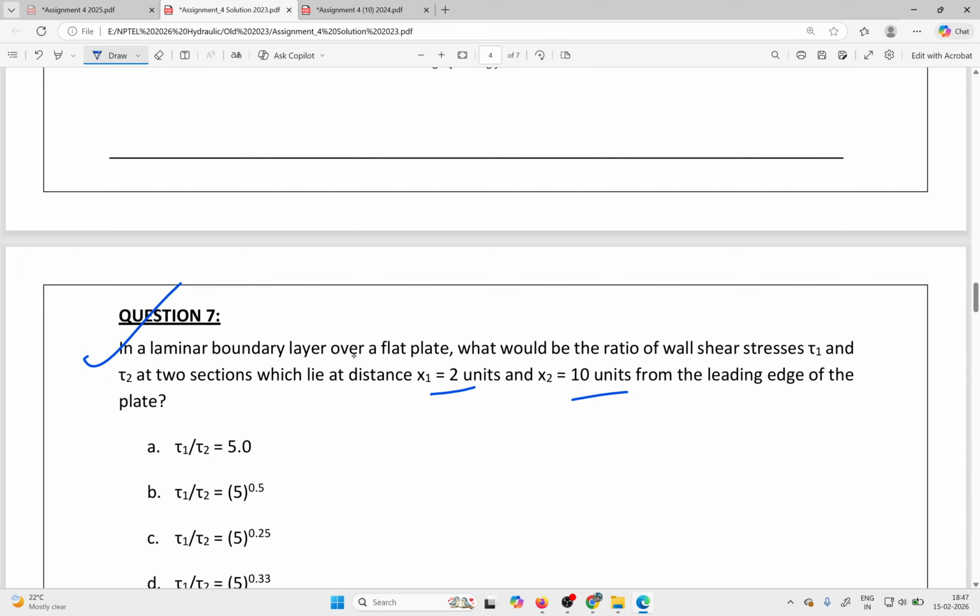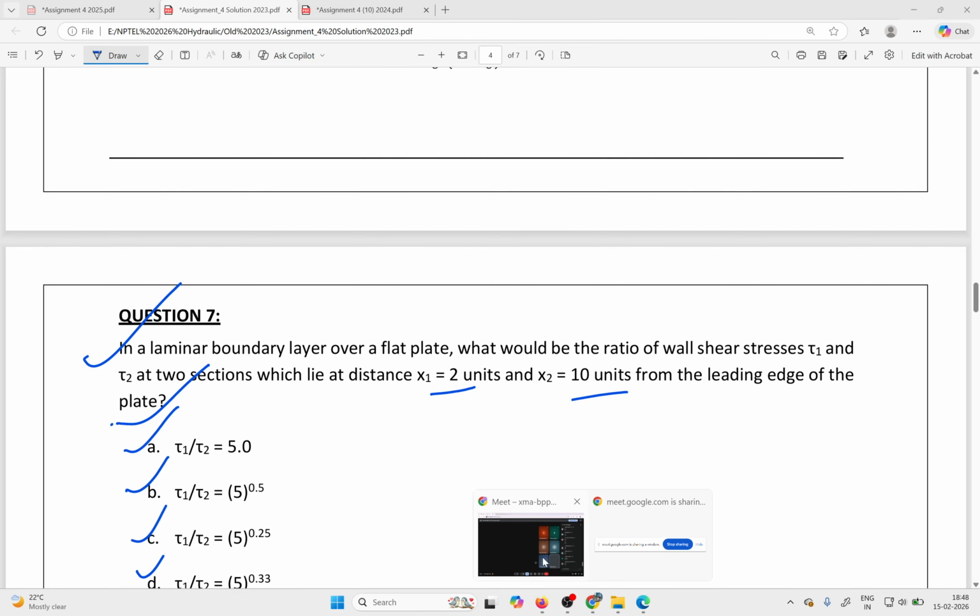In the laminar boundary layer over the flat plate, what would be the ratio of wall shear stress tau 1 and tau 2 at two sections which lie at distance x1 equal to 2 unit and x2 equal to 10 unit from the leading edge of the plate? Option A 5, B 5 to the power 0.5, C 5 to the power 0.25, and D 5 to the power 0.33. Which option will be correct for question number 7?